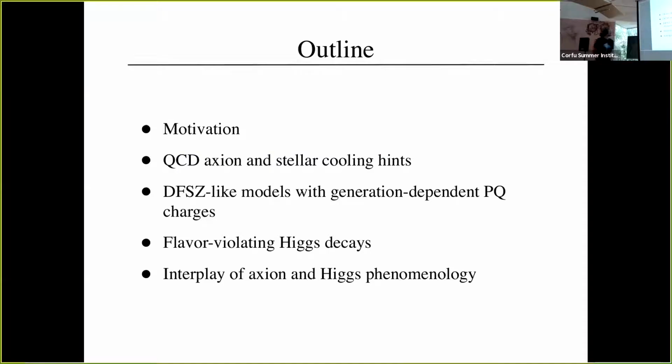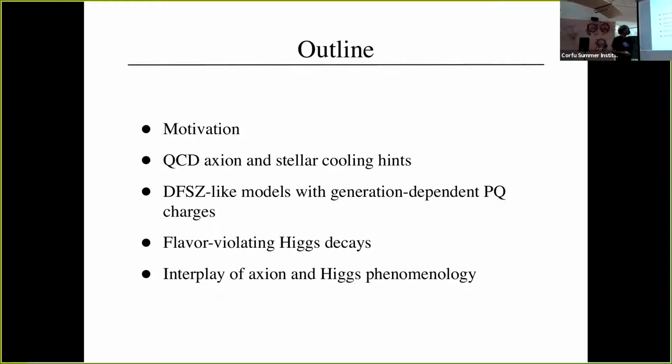Okay, so this is my outline. After a brief motivation for my work, I will discuss the QCD axion and how it can explain the so-called stellar cooling hints, which I will also discuss briefly. Then I will briefly review DFSZ-like models where particularly the Peccei-Quinn charges of fermions are generation dependent.